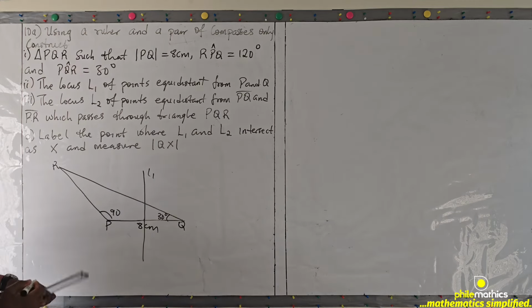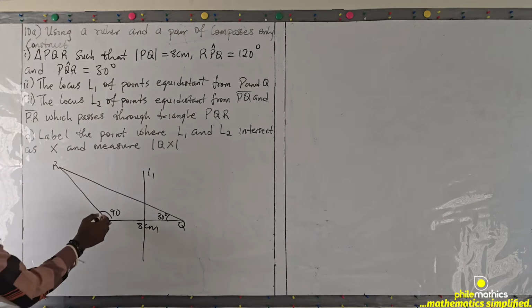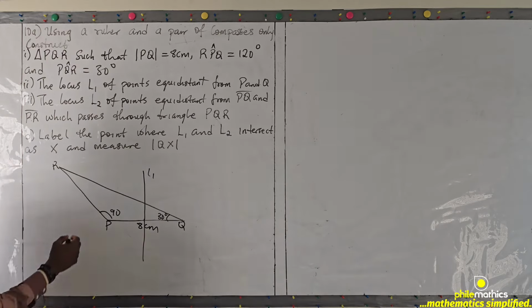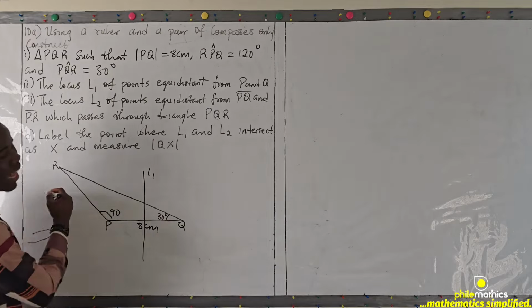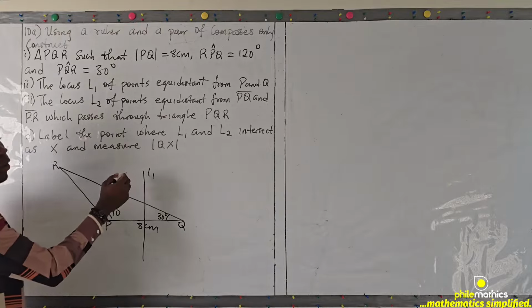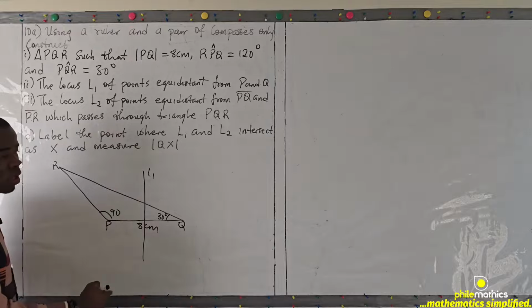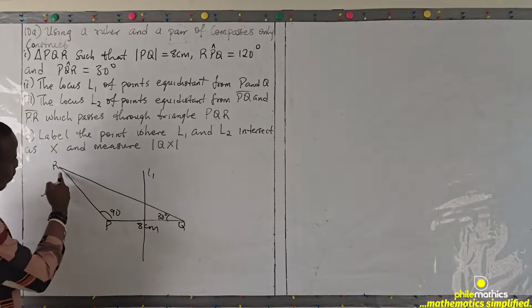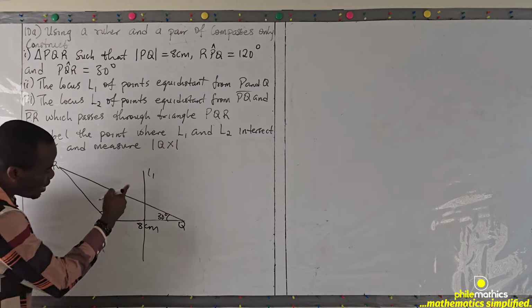The locus L2 of points equidistant from PQ and PR, which passes through the triangle PQR. So the locus of points equidistant from two lines that cut each other is the bisector of the angle. It passes through the intersection of the two lines, bisecting this angle.